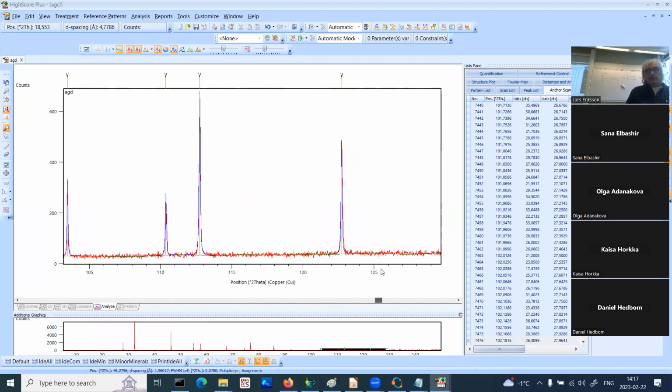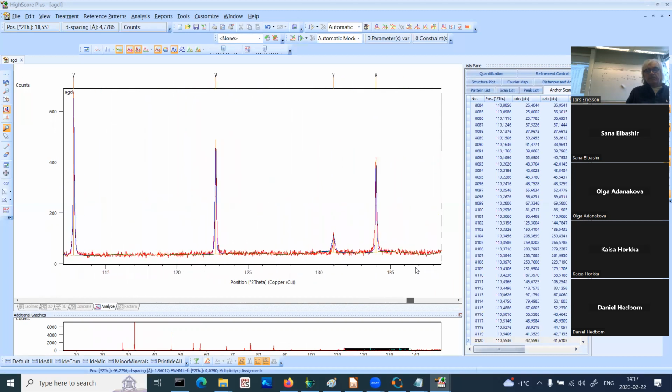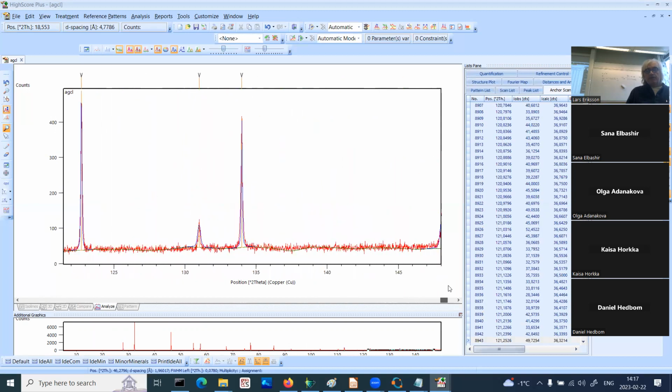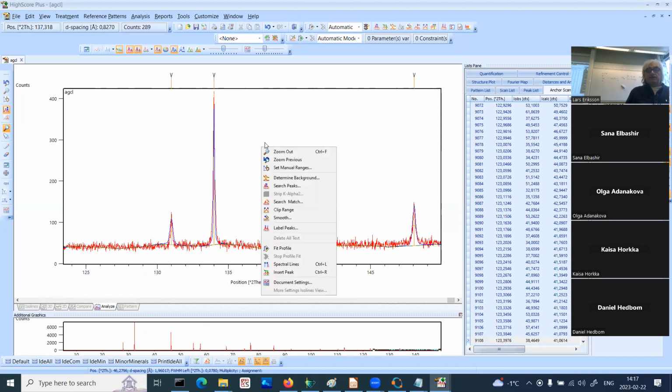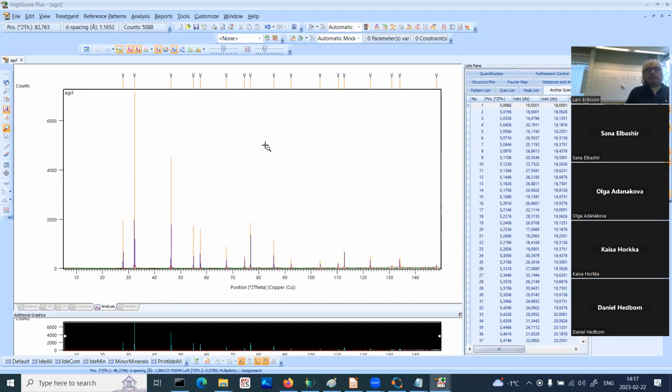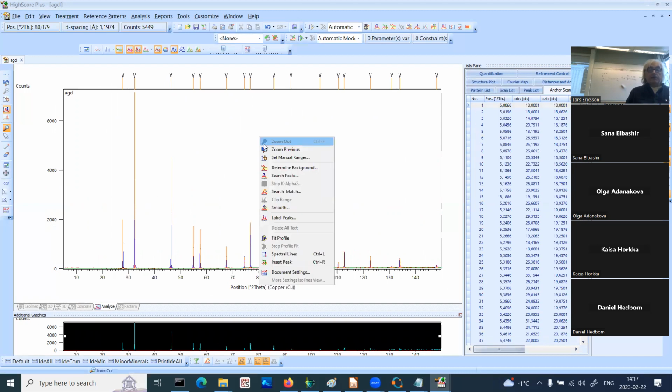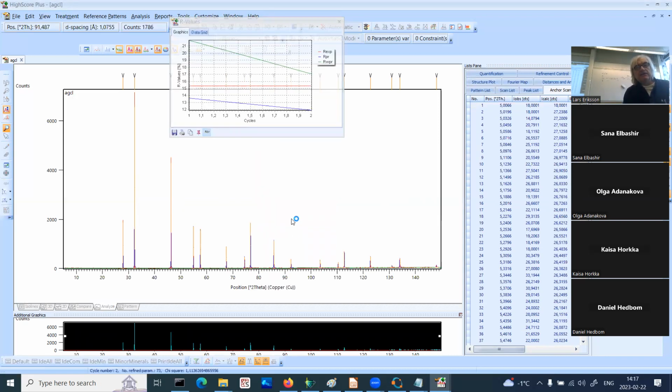There's nothing wrong yet. And I think everything in the pattern is to zoom out. There is a thing we can do: fit profile to get slightly better peak positions.